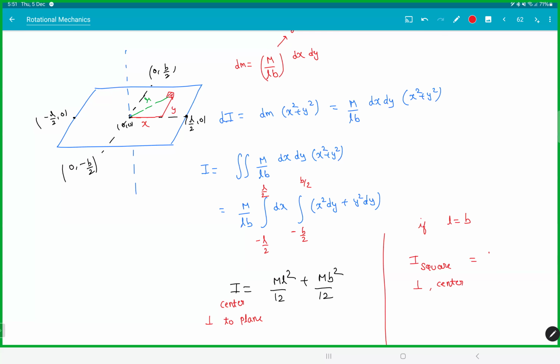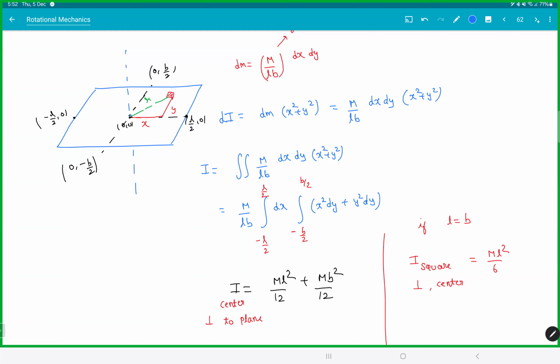Perpendicular to the plate passing through the center will be ml square by 6. In the end, we will put down all the results anyway. But this is how you do it for plates. You take elements as dx dy. Clear? Devansh, Ahana, Arnav, Devika, clear?